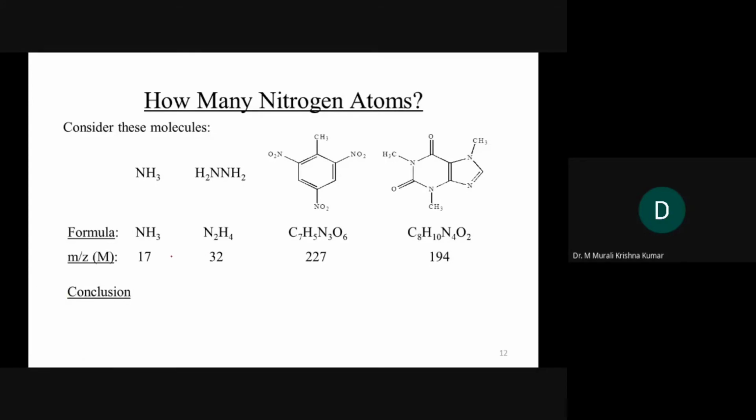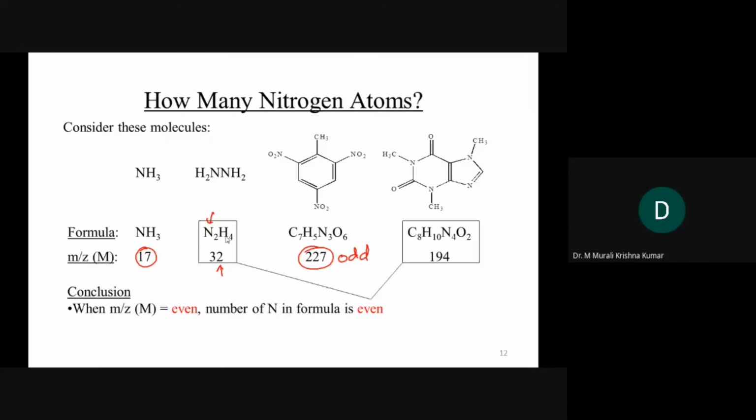So that is a really interesting observation. What is the conclusion? Whenever we have nitrogen in an odd number, the molecular weight shall remain odd. When nitrogen is even, the molecular weight will also be even. So by just looking at the molecular weight, if it is even, then nitrogen, if present, shall be in an even number.